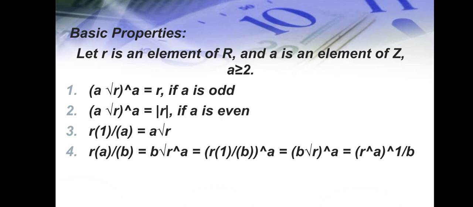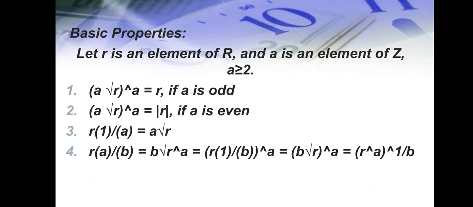Basic properties. Let r be an element of R and n an element of Z, n greater than or equal to 1. Number 1, the nth root of r to the power of n equals r if n is odd.